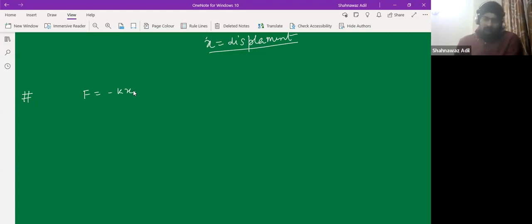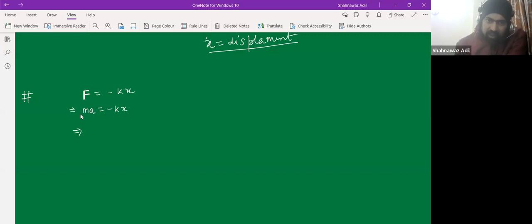How do we write the force from Newton's second law? Second law, that is ma, and this is minus kx. How do we write the acceleration?